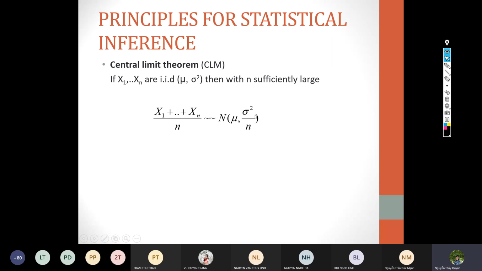That is the central limit theorem. And when the estimator follows a normal distribution like this, we can use its distribution to construct the confidence interval for our unknown parameter, the population mean.